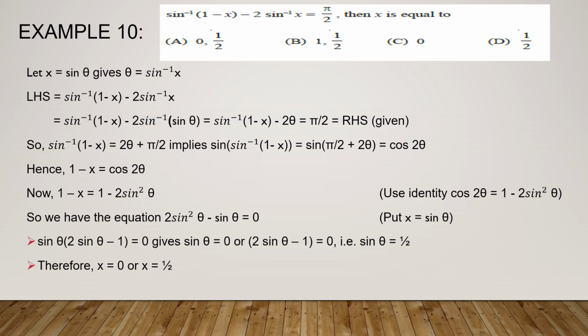So when sine theta is 0, your x should be equal to 0. Why? Because you know that sine of 0 is 0. Second case, sine theta is half. That means your value of x, x is equal to half. So possible values of x are 0 or half.